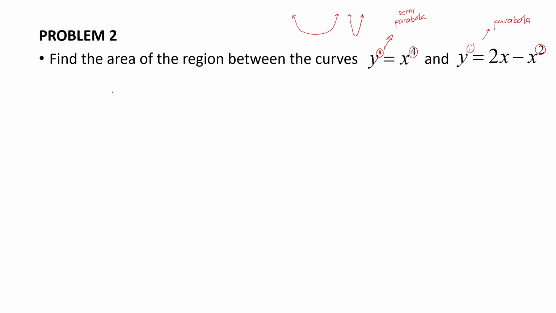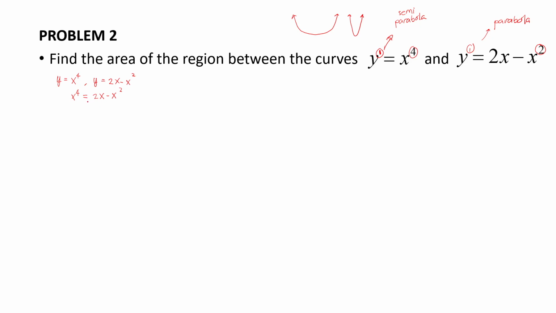Okay, so first and foremost, we're going to solve for the points of intersection. So y equals x to the power 4, and y equals 2x minus x squared. So we're now going to have x to the power 4 is equal to 2x minus x squared.